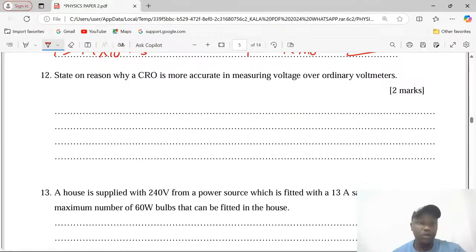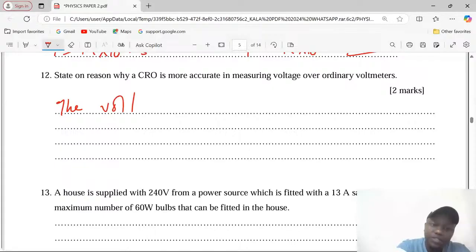We continue now to number 12. State one reason why a CRO is more accurate in measuring voltage over ordinary voltmeters. These ones can display records.